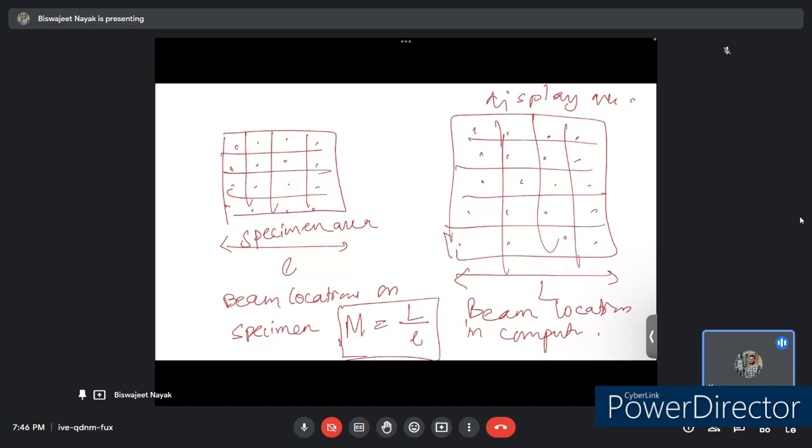So this contrast can be conveyed in different manners.